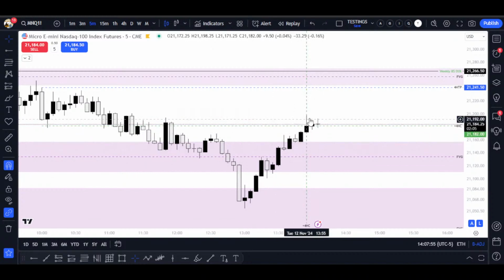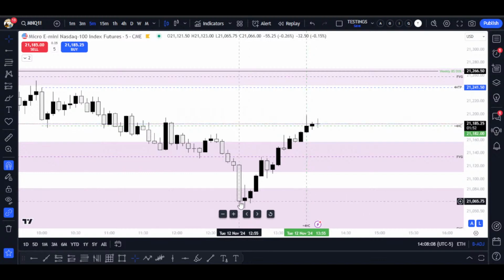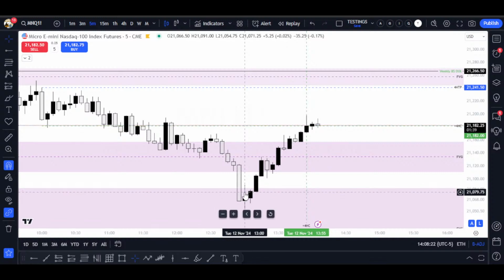But I'll share with you guys how I do my algo targets. So if we start from back here, this 1 o'clock candle swept the low of the 12:55 candle, and it closed above it. So we were expecting this high at $21,091 to be an algo target.